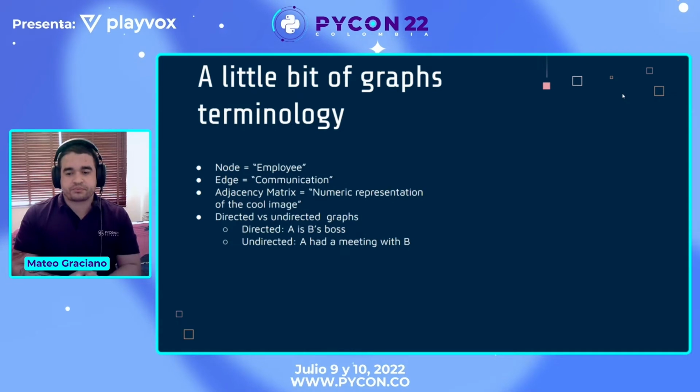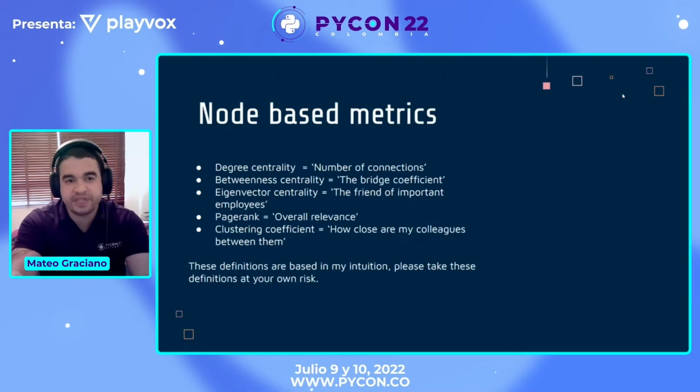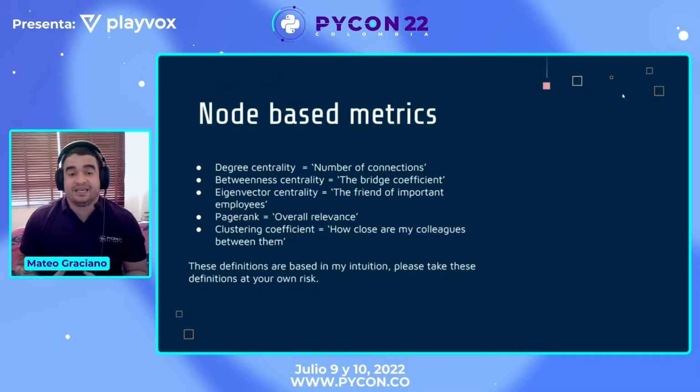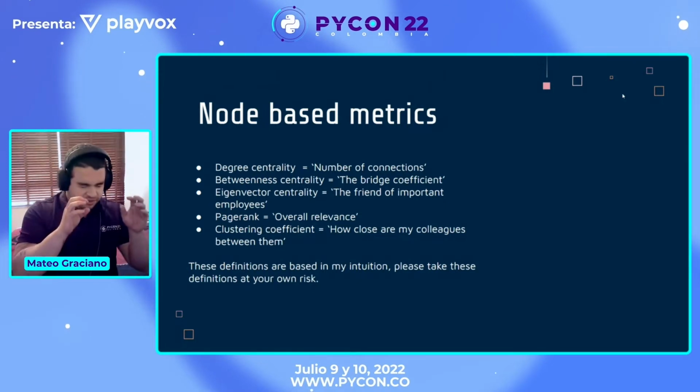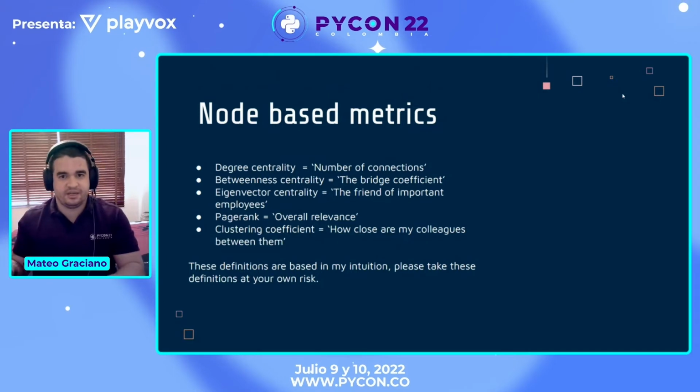And after this, we'll have node-based metrics. Again, mathematicians have studied graphs for a long time, so the theory is not made for people analytics.